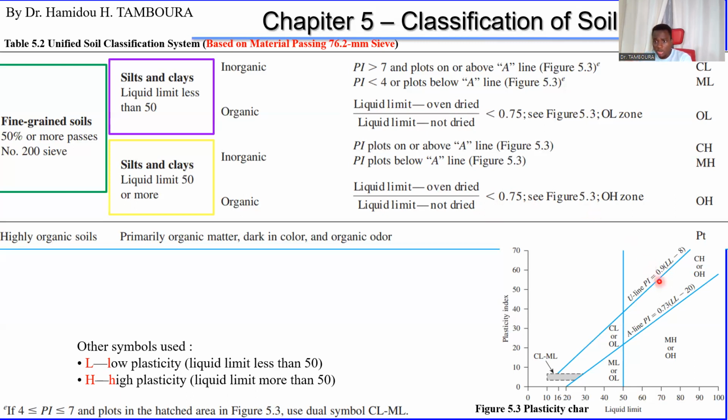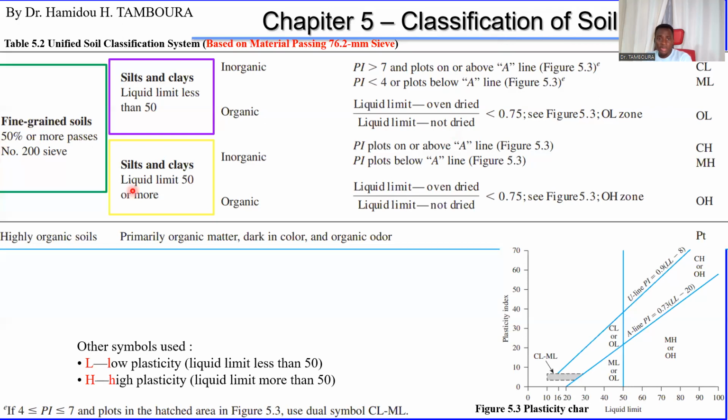Then it has to be OH here or here. OH. It doesn't matter in that case where you plot, here or here, it will be OH. It means organic soil with high plasticity. So this is how the fine grained soils are classified.